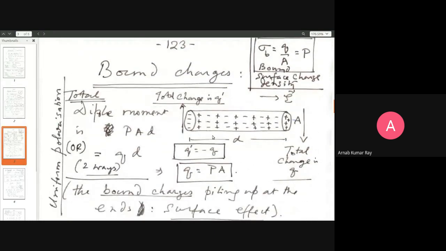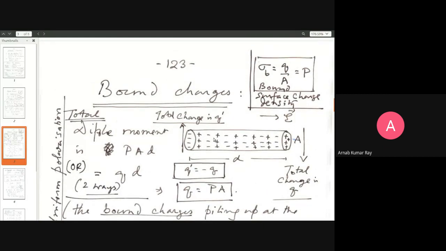First, we shall talk about the idea of bound charges. Let us see. Remember, free charges carry a current, and free charges are associated with conductors. Whereas insulators, of course, they are made up of charged material. Everything, conductors or insulators, are made up of charged materials.